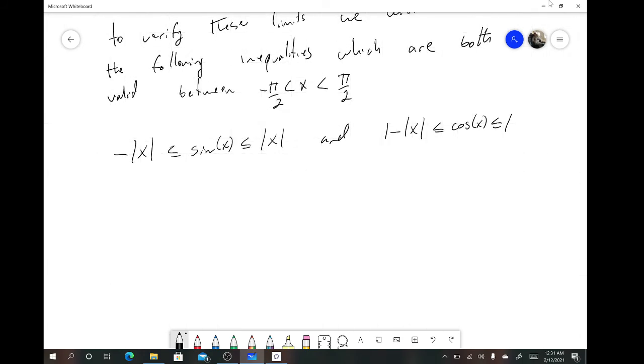So first of all, if we were to graph these, beginning with the sine one, if I was to graph the sine wave between negative pi over 2 and pi over 2, it will look like this, something like that. Well, this is pi right here.